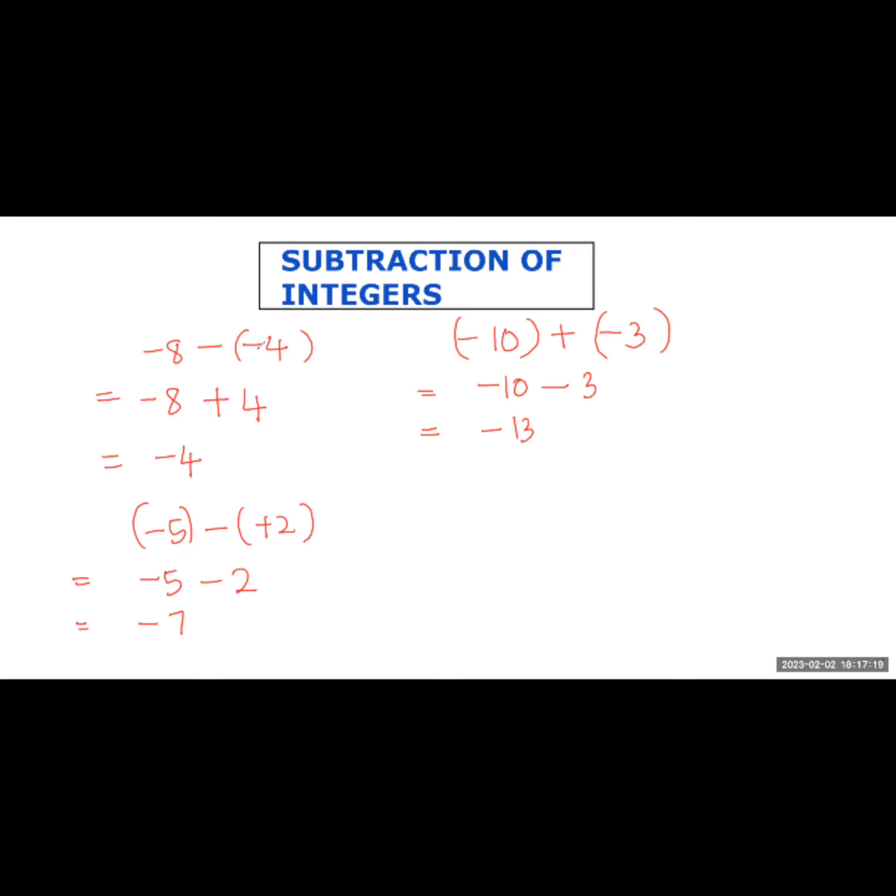If we have a negative outside and a negative inside, then we get a positive because they're multiplying same signs. And similarly, if I had a positive there and a positive inside as well, it obviously would be the same. Positive and positive will be just positive. Is that okay?